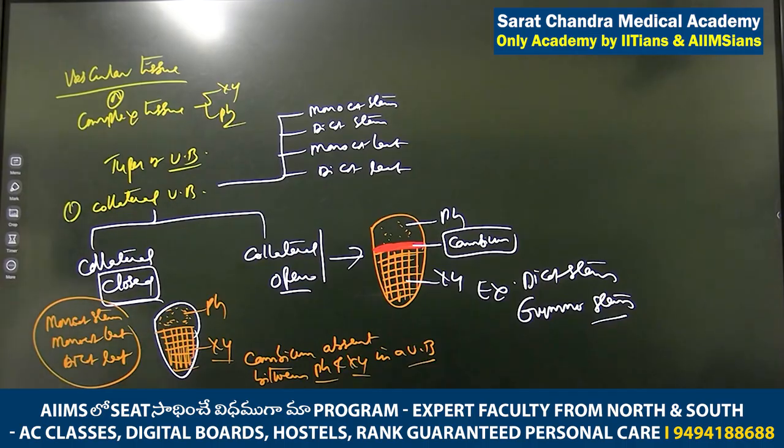That means having cambium between phloem and xylem. So what is the name of the cambium present between phloem and xylem in a vascular bundle?